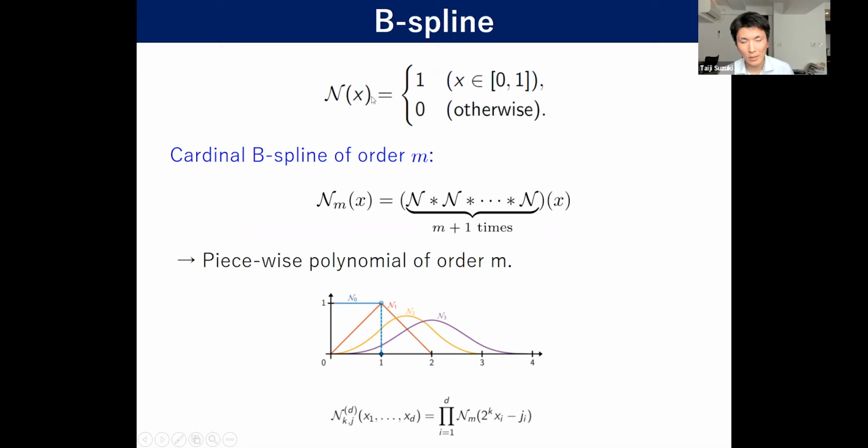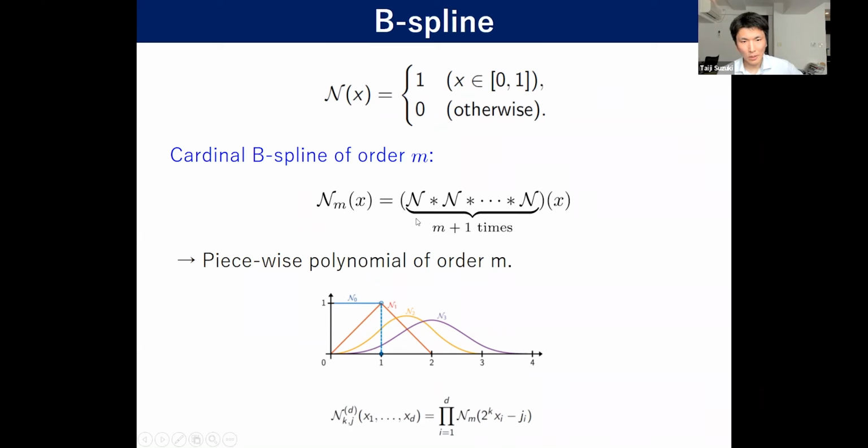Here N(x) is given by this step-type function. We compute its m-times convolutions, and this is called the cardinal B-spline of order m. Depending on the smoothness parameter s, we set the order m. If s is larger, we set m to be larger than s.